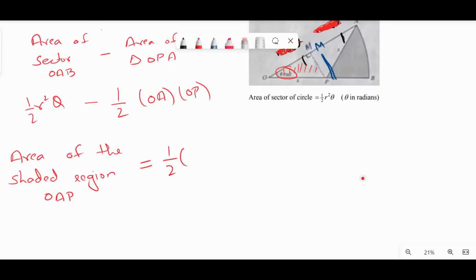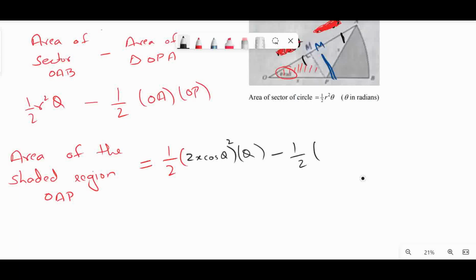So we can use that value and write it over here, 2x cos theta whole square into theta, since the angle is theta over here, minus 1 by 2.